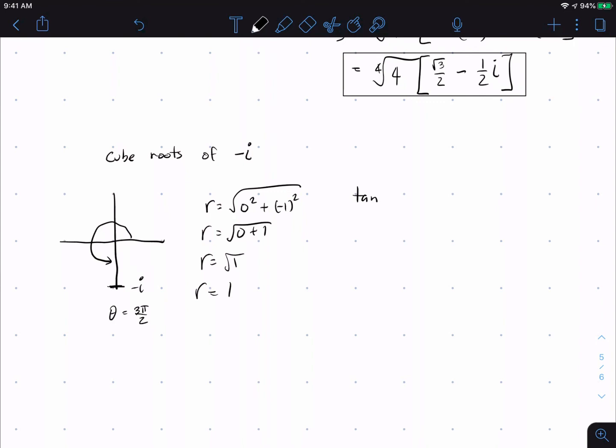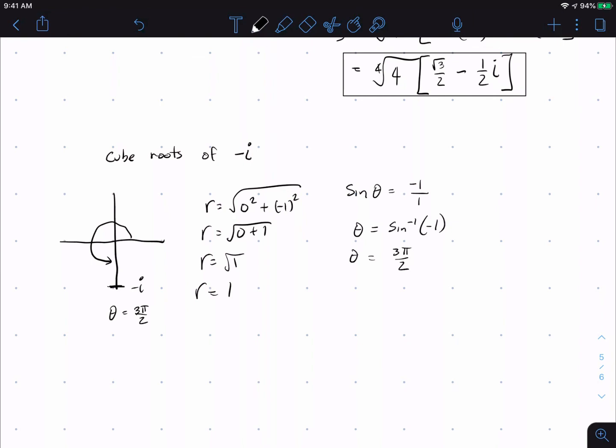So instead of using tangent for this one, I'm going to use sine of theta, which uses y and r. And so y is negative 1 and my r is 1. So sine inverse of negative 1 is my theta. So theta would have been that 3 pi over 2. So whenever x is 0, you can use sine instead of tangent.